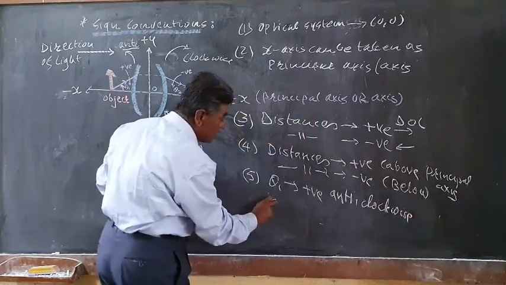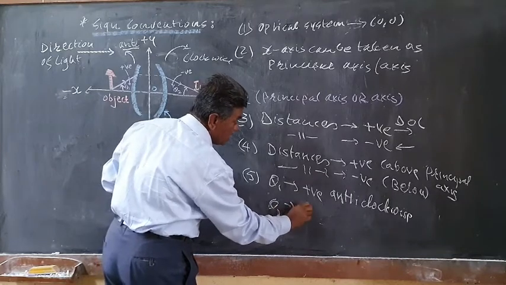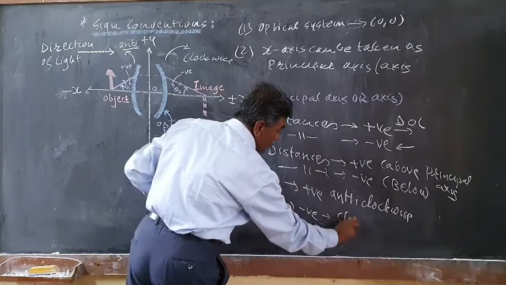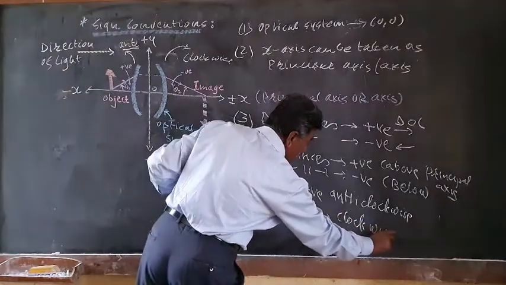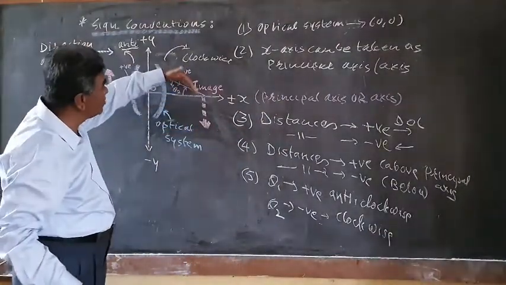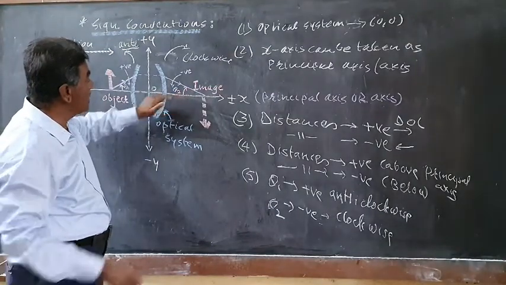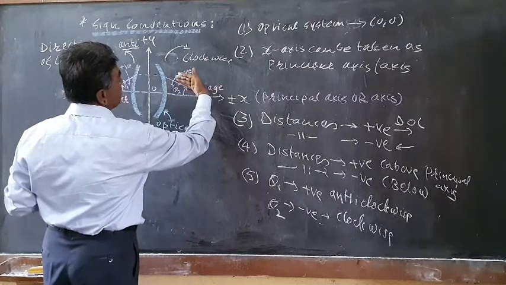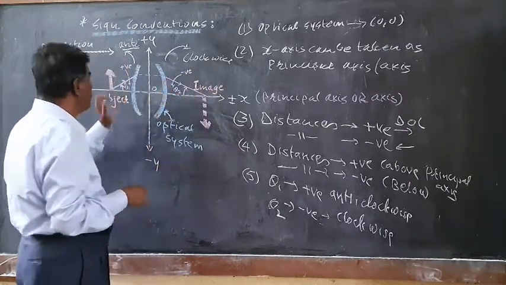While this angle theta 2 can be taken as negative because it is rotated through the clockwise direction. Whether the rotation is clockwise or anti-clockwise depends on how the axis is rotated through the acute angle to make it coincide with the ray. So theta 2 will be negative and theta 1 will be positive.